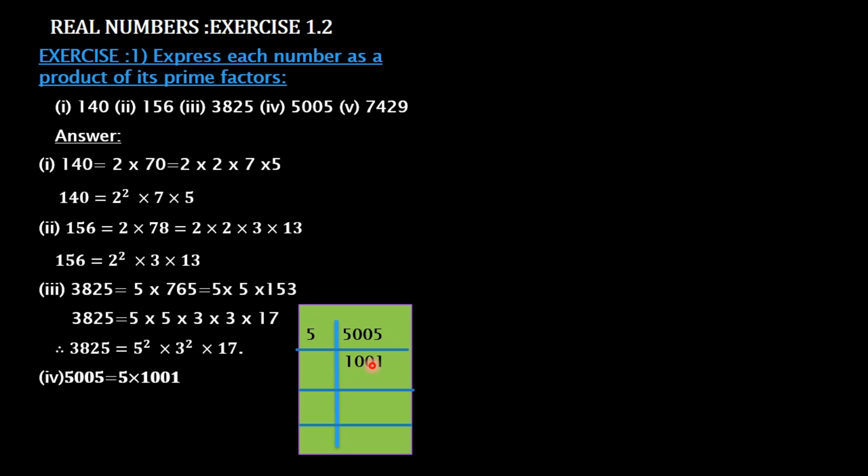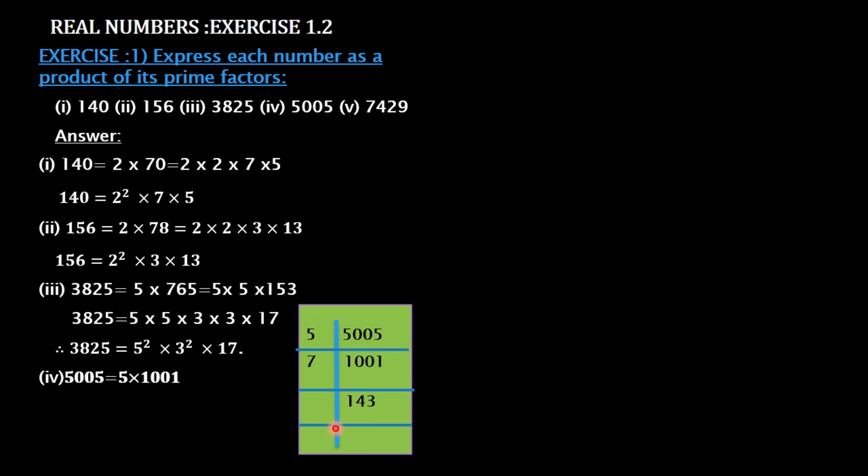Okay. Then what about 7? 7 into 1, 7, then 30, 7 into 4, 28, 21. Okay, it is divisible by 7. That is, on dividing by 7, we will get 143. Then what about 143? Not divisible by 2, 3, since 4 plus 3, 7 plus 1, 8.